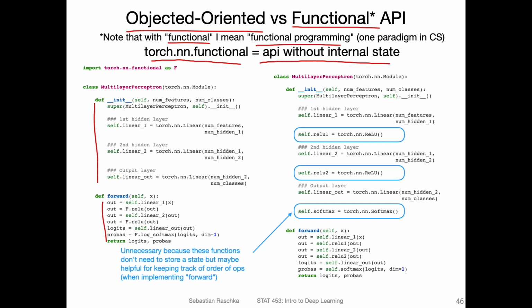Notice that for certain parts I have this F, because I'm importing torch.nn.functional as F just for brevity. So this is all using the functional API. I could have done it differently. I could have defined relu as a class.